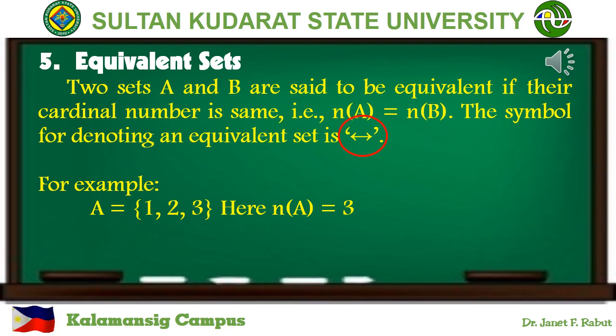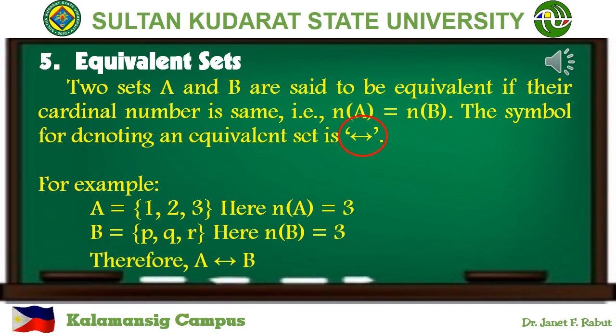When we say cardinality, it is the number of elements in a set. And set B is a set of P, Q, R. Here, the cardinality of B is also 3. Therefore, set A is equivalent to set B. So regardless of what the objects inside a set are, as long as they have the same cardinality, they are said to be equivalent sets.